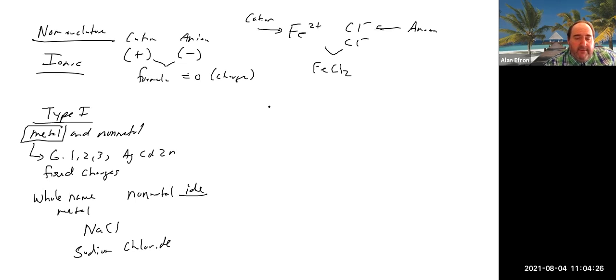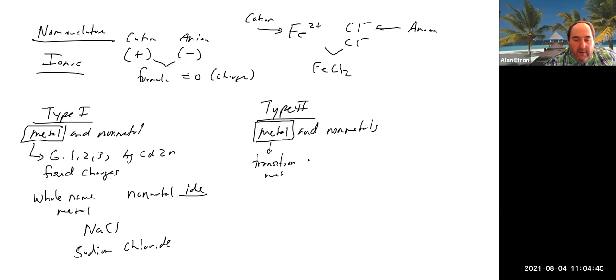Type 2 compounds are metals and non-metals as well. Again, the metal being important here, the metal is a transition metal, over here on the periodic table.